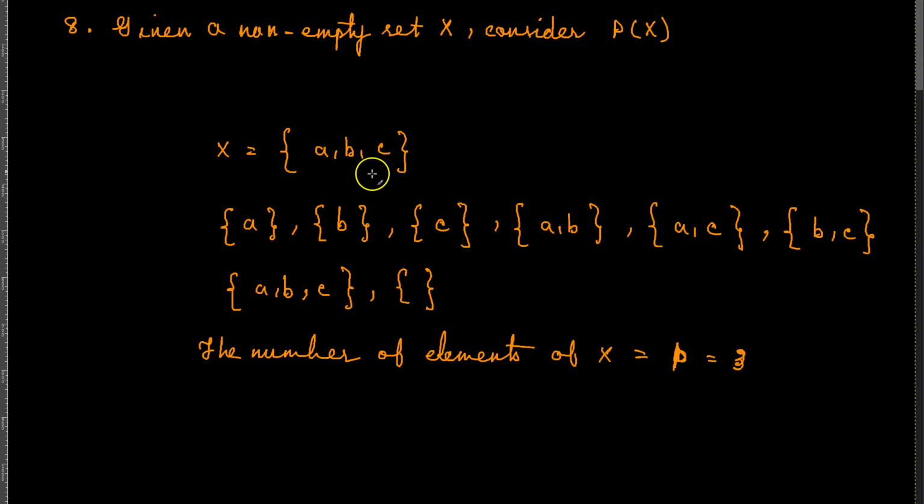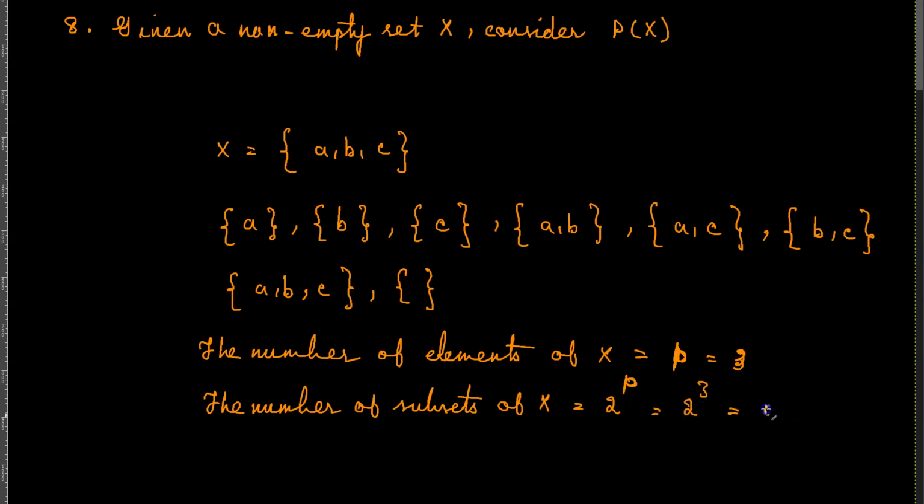Now the number of subsets of X is equal to 2 raised to the power p, which is equal to 2 raised to the power 3, which is equal to 8.